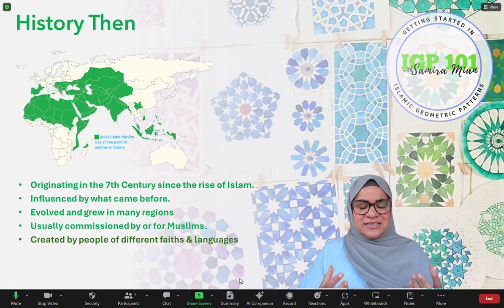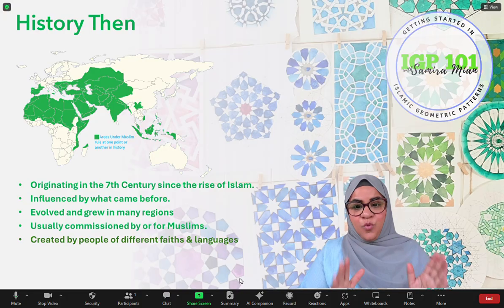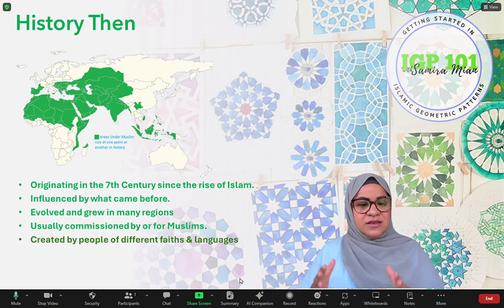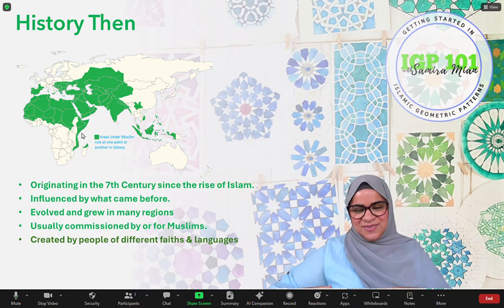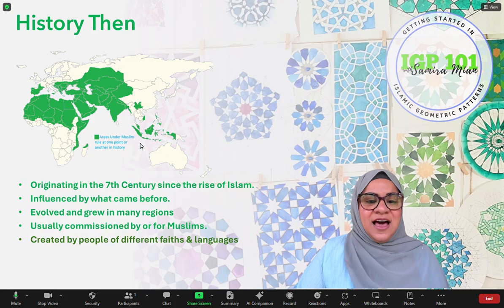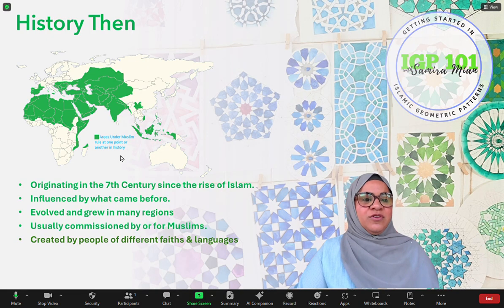All of that influenced what then grew and evolved in all the different regions in the Islamic lands. If you look at this map, the green area is our specialism, because this is all the places under Muslim rule at one point or another in history.